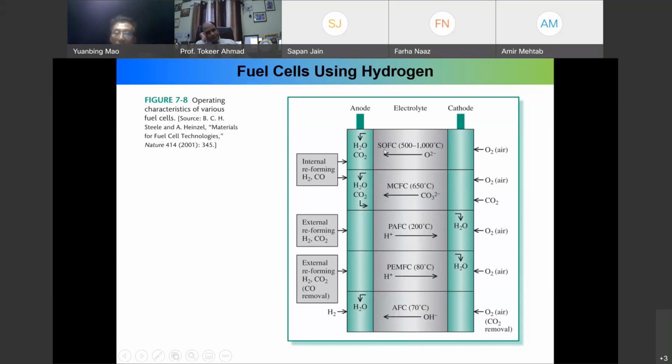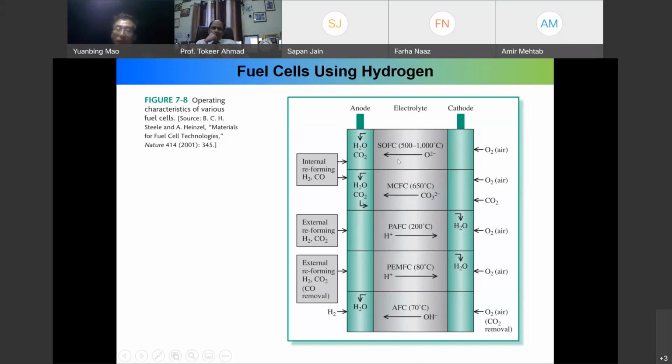For example, solid oxide fuel cells react at a much higher temperature, so they are more efficient, and there's no need of a catalyst other than the electrolyte. But because of the high temperature, there's a much higher demand on the properties of the components of the solid oxide fuel cells.